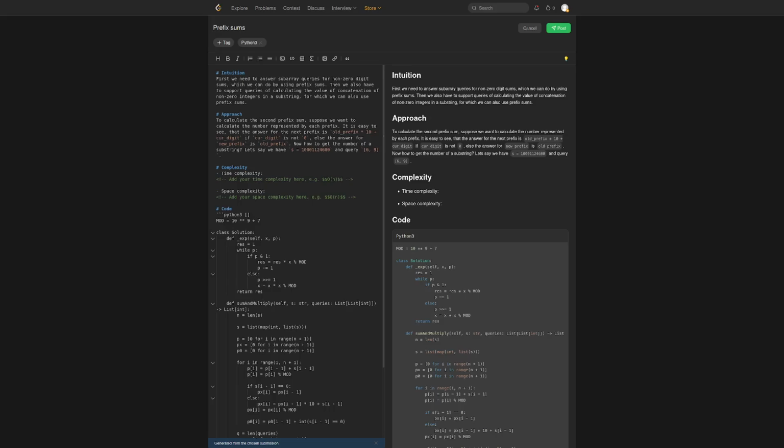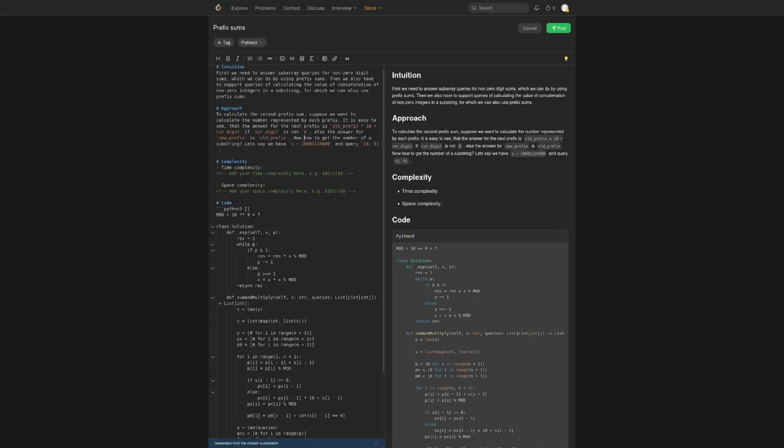Okay, and now what we want to do with this? Let's call this prefix sum px.